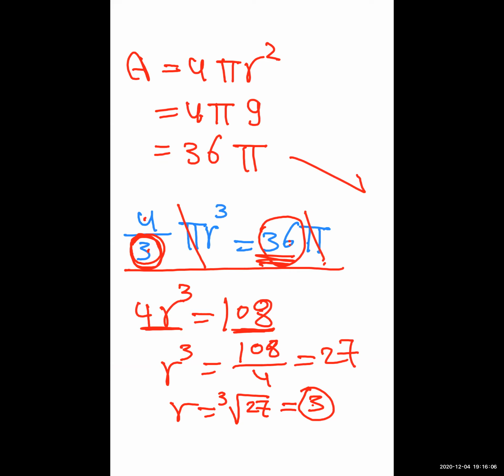Question 4, find in R the solution set of the inequality: 2x plus 1 greater than -3 and less than 7. So how to solve this one? Actually, it's very easy.